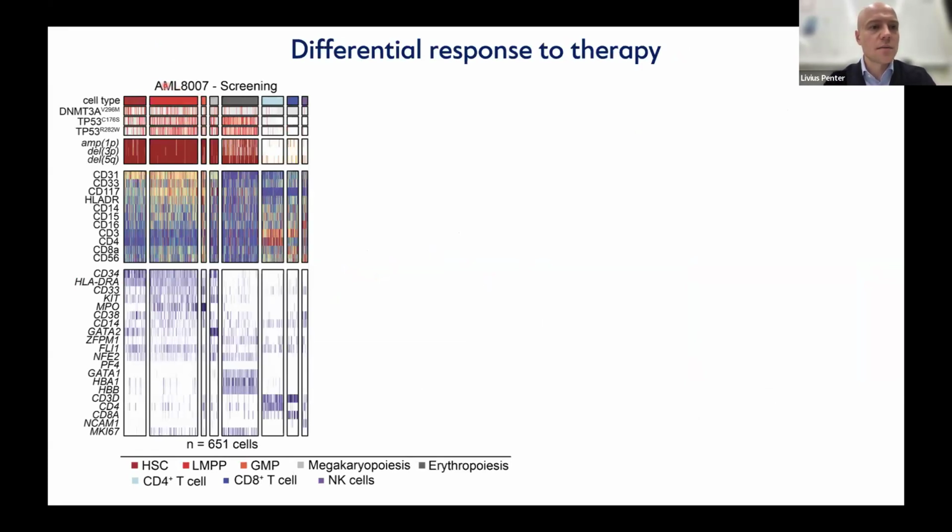So this is one patient, AML 8007, and you can now see the cells at screening, so prior to therapy. We're looking at 651 cells. At the top, you can see their genetic profiles. We can see 3 somatic mutations.